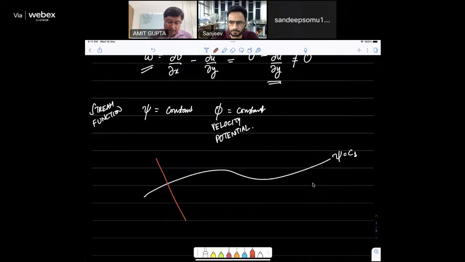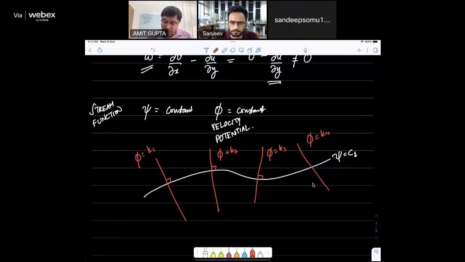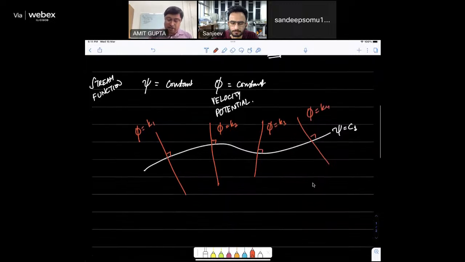So you will have phi equal to maybe K1, which is 90 degrees here, then phi K2, 90 here, maybe phi K3, and so forth, phi K4. Essentially these two functions, when you draw their lines, will always be at 90 degrees to each other in irrotational flows.